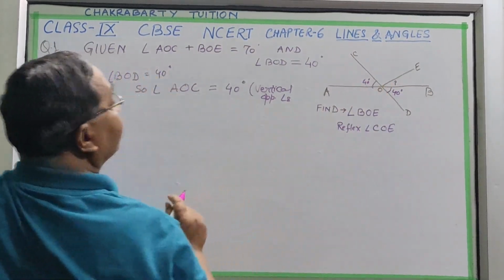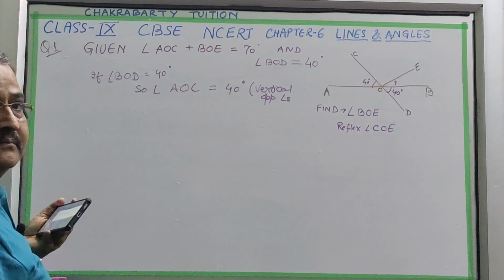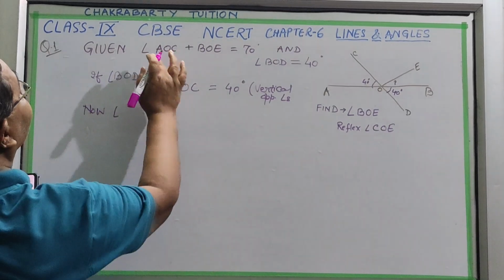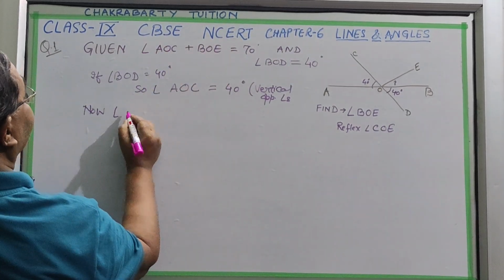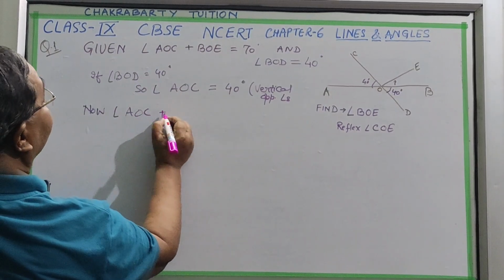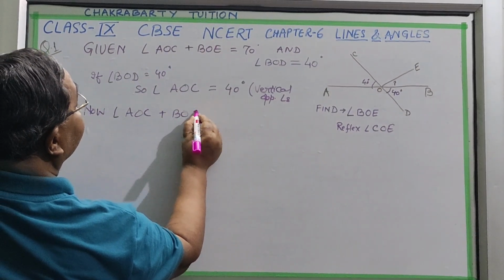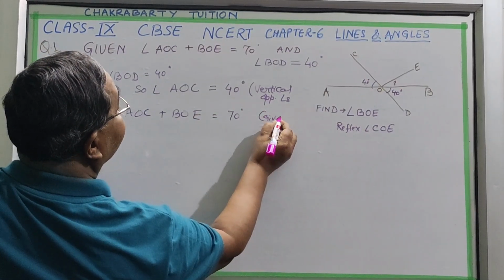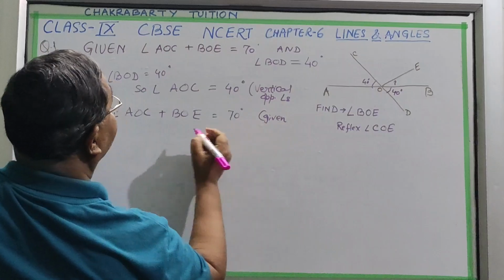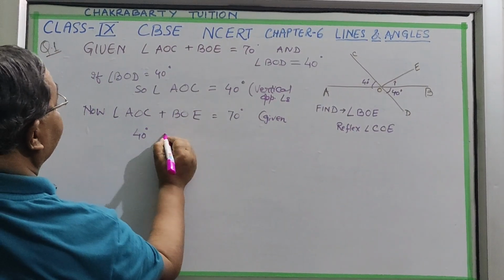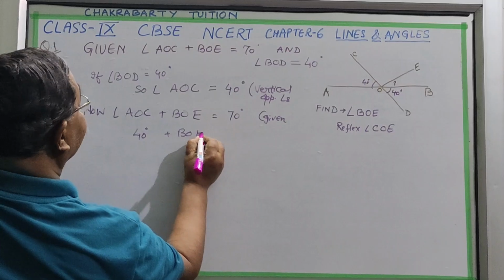So this will also be 40 degrees. Now angle AOC plus BOE equal to 70 degrees is given, and AOC is 40 degrees, which you have calculated, plus BOE.